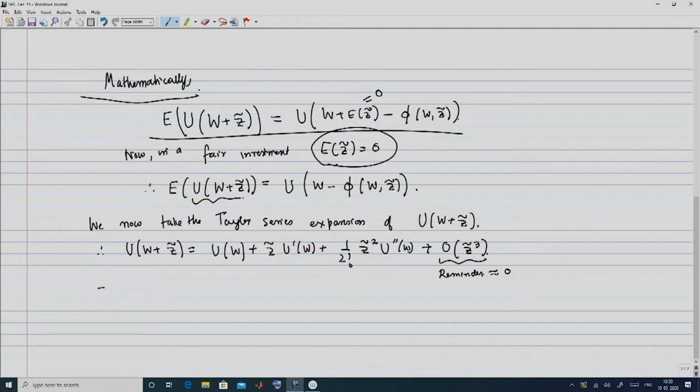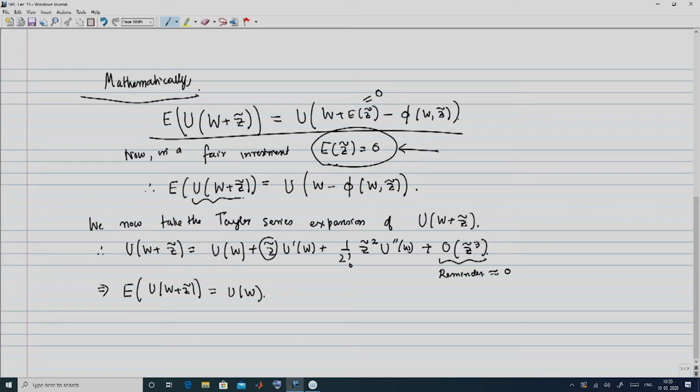So, if I take expectation on both the sides, what will I get? I will get expected u of W plus z tilde. The expected value of u of W is simply u of W, because it is the utility of the initial wealth level. So, it is u of W plus the expected value of z tilde, which is equal to 0.